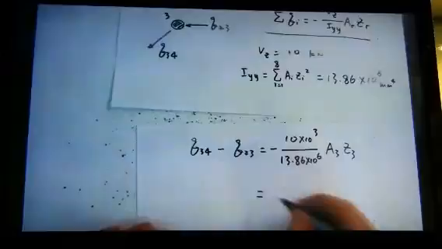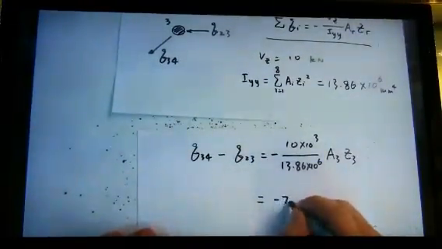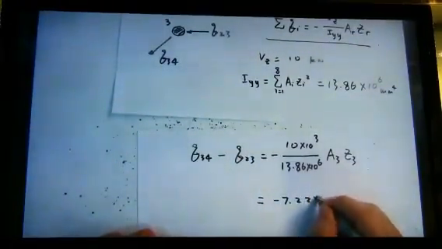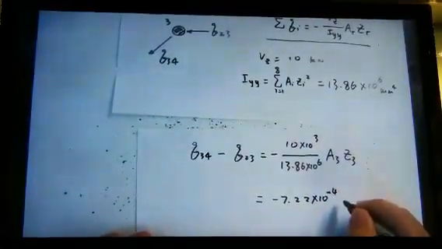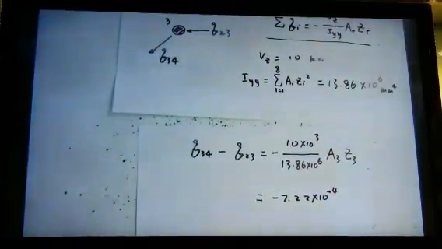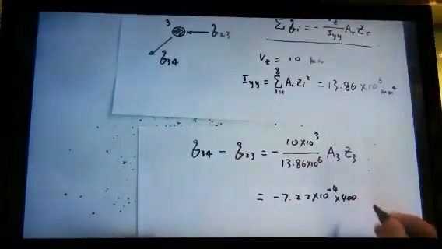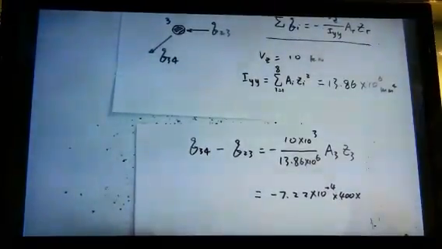So that one will be equal to 7.22 times 10 to the minus 4, times A3. What is the area of A3? It's 400 millimeter squared, so times 400, and times Z3.